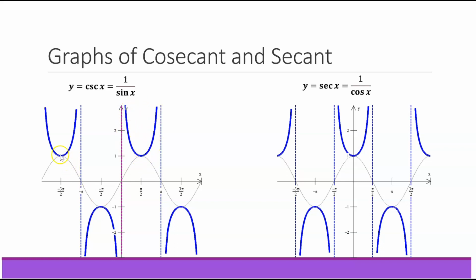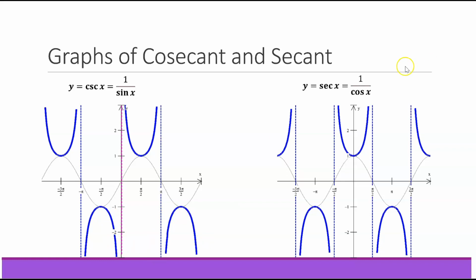Here, the maximum is at 1. That's the highest the wave can go, the amplitude, and that's the lowest point on my cosecant U shape. And when I have a minimum value, so -1 is the minimum for my sine function, that becomes the maximum on the little u's of my cosecant function.